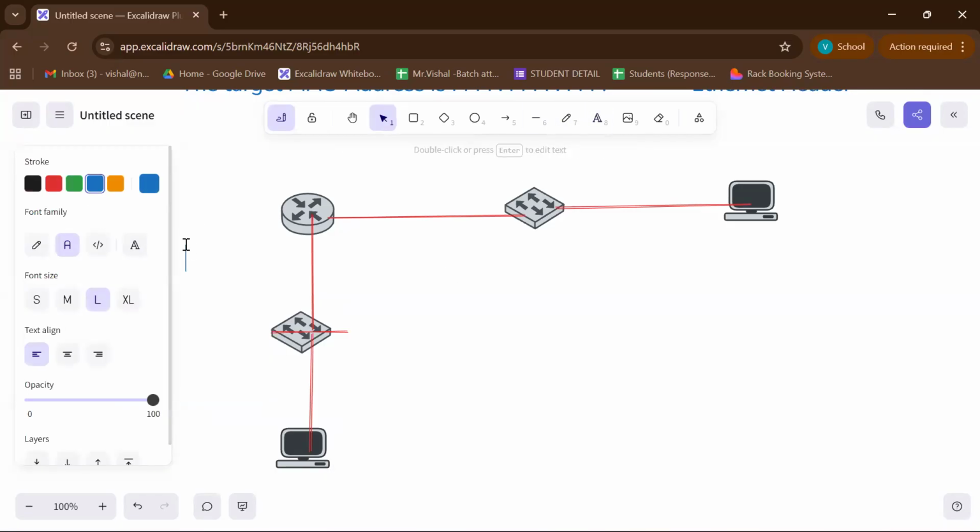The IP on this interface is 192.168.10.1. The IP on this particular PC is going to be 192.168.10.2/24 by default. On this interface, the IP is going to be 192.168.20.1, and for this PC, the IP is going to be 192.168.20.2.